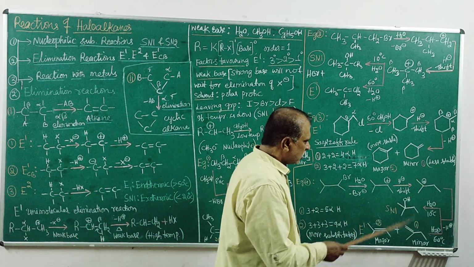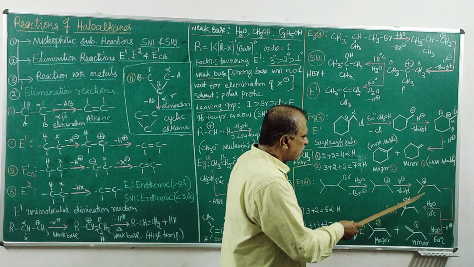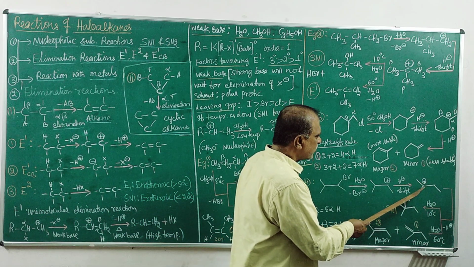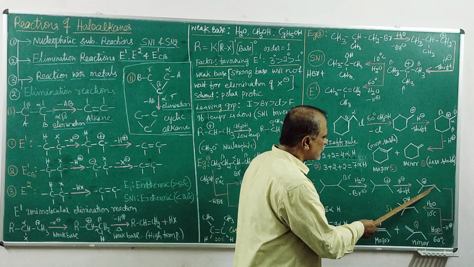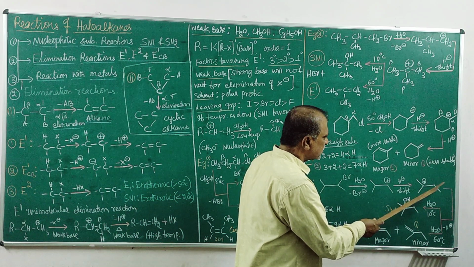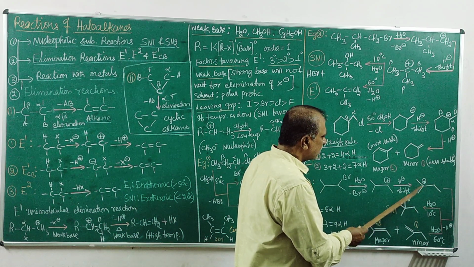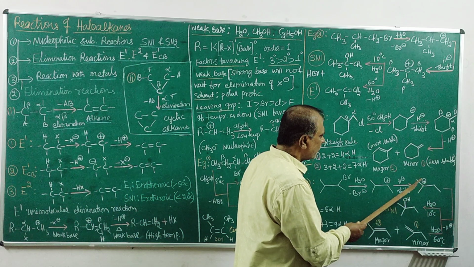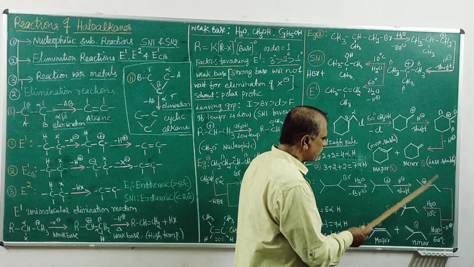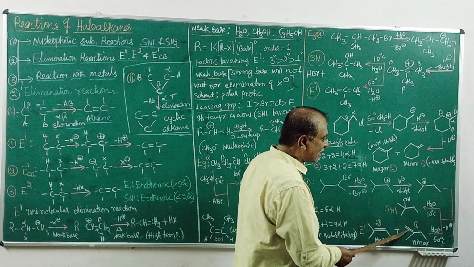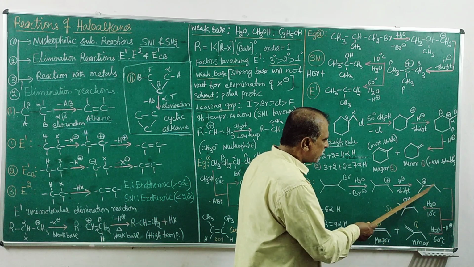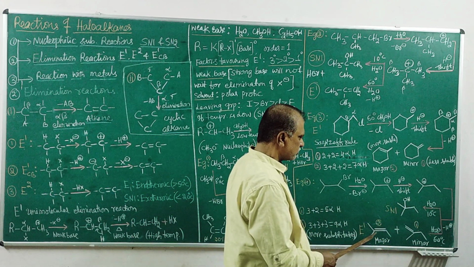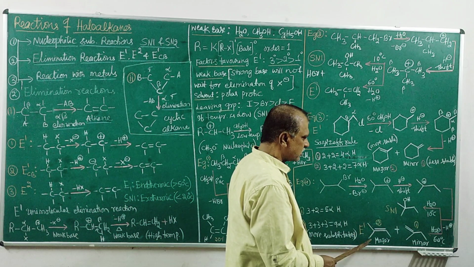If E1 is there, look at that, this is the alpha carbon with carbocation, with CH3, CH3, CH2. These hydrogens are alpha hydrogens. These two are same. So if you remove hydrogen from this or this terminal, you get an alkene like this. If you remove H plus from this, you get this. If you remove H plus from this, you get this. CH3, CH3 remains same.